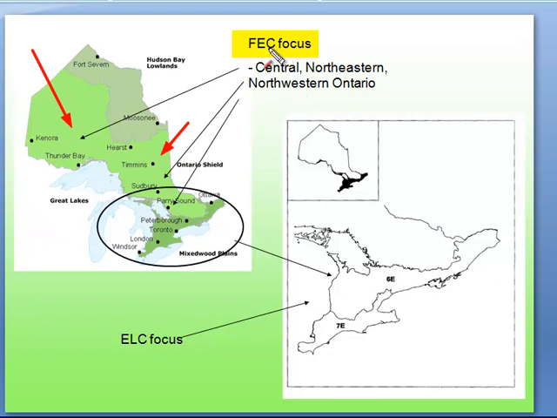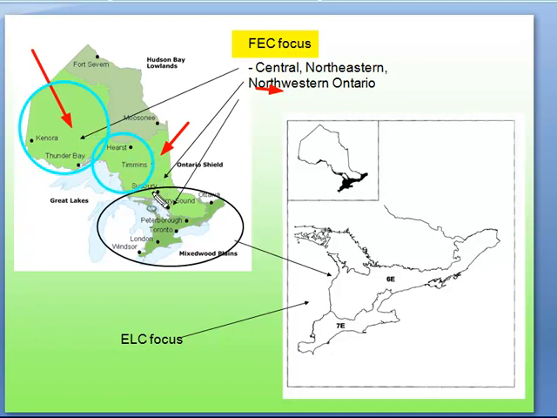So for the FEC, there are different manuals. If you're up by Thunder Bay, there is the Northwestern Ontario FEC manual, and then we have the Central Ontario one, and bear in mind there is overlap.